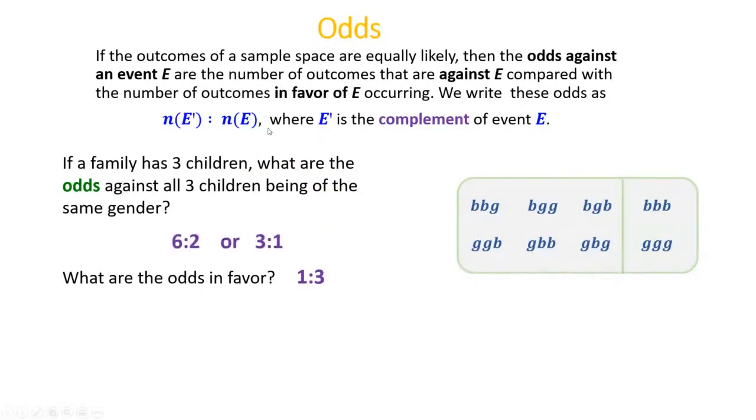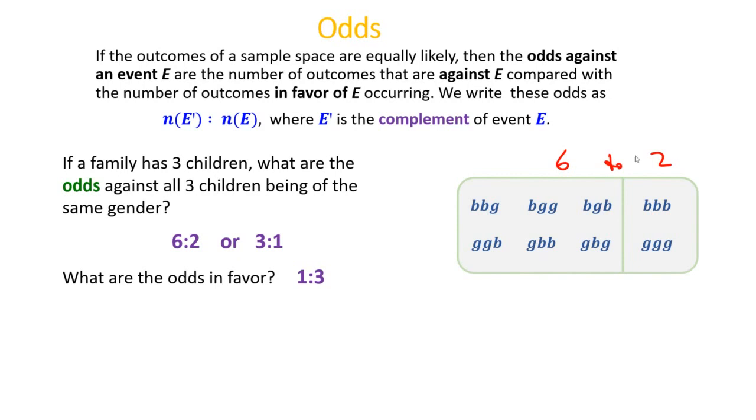And the last thing, that odds is not completely the same as probability. For example, in a family of 3 children, the odds against having all 3 children of the same gender will be 6 to 2, so 6 different-gender outcomes to 2 outcomes with the same gender, 6 to 2 or 3 to 1.